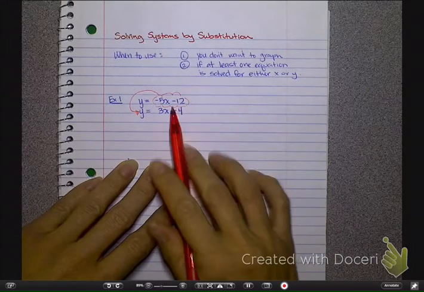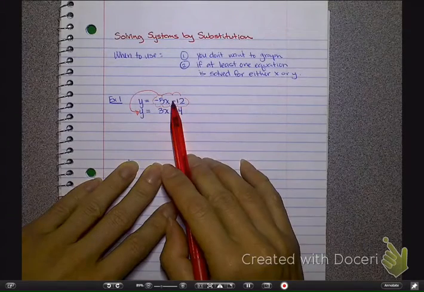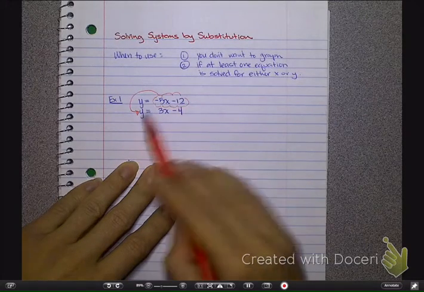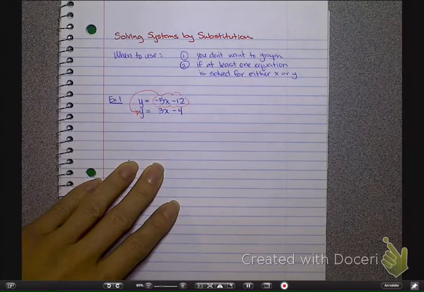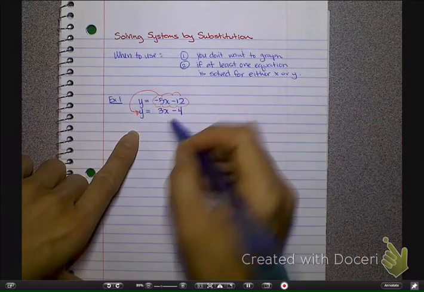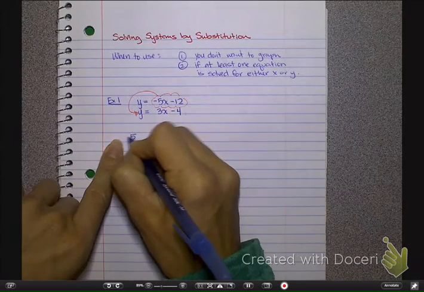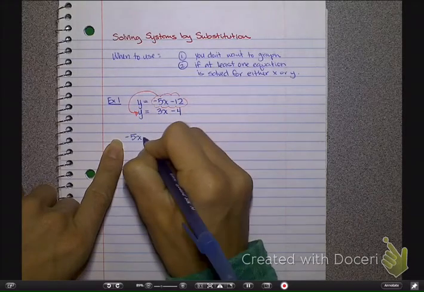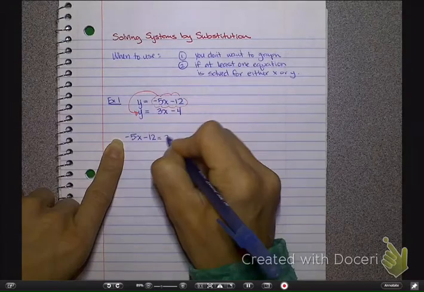Because isn't this whole thing equal to y? So then I can replace this y with this because this is the same thing as y. Okay? So here's what my new equation is going to look like. I'm putting this in the spot for y, so I'm going to get 5x minus 12 equals the rest of this.